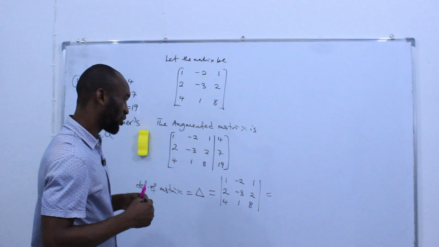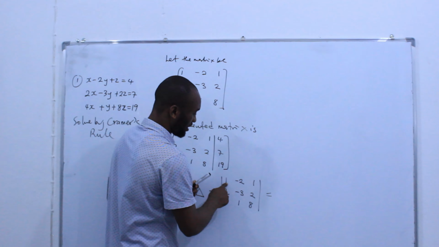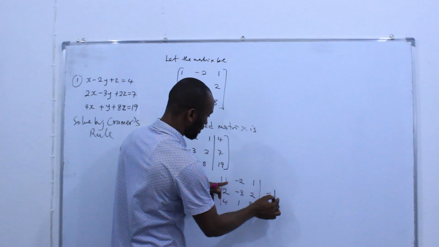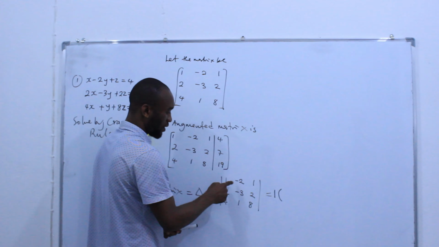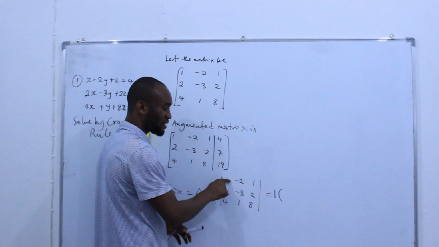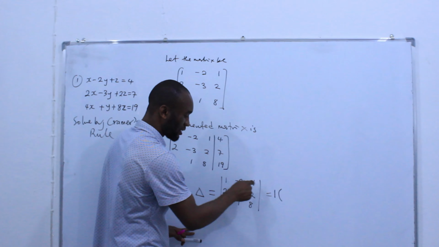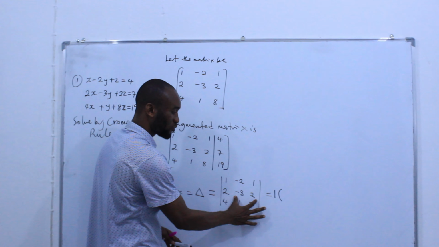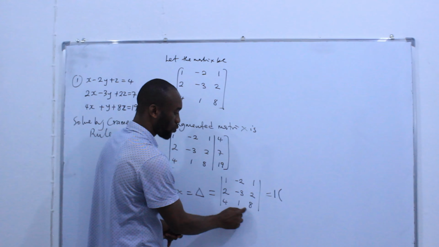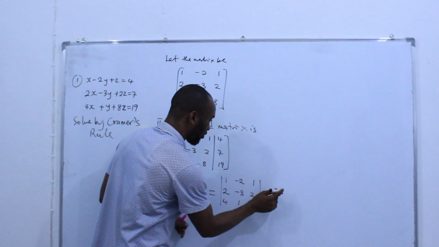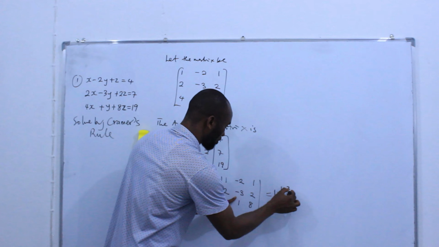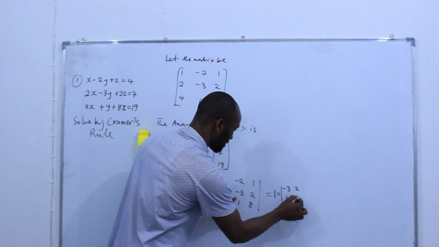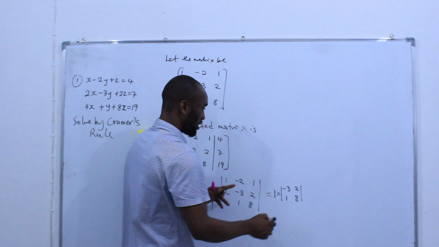Now let's look for the determinant, taking this as the leading 1 here. Eliminate the elements on the same row with 1 and on the same column with 1, and you are left with minus 3, 2, 1, 8. So we're going to look for 1 times the determinant of minus 3, 2, 1, 8.